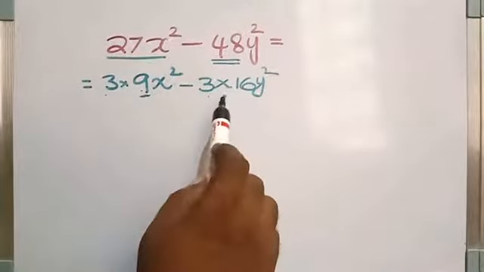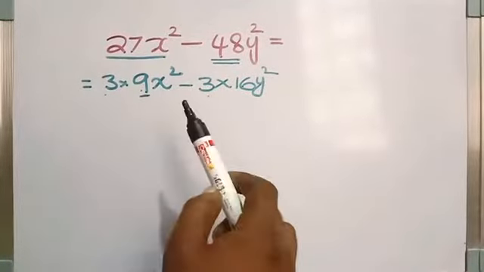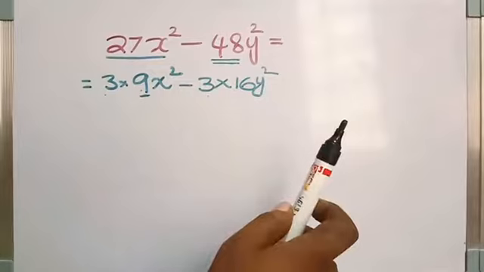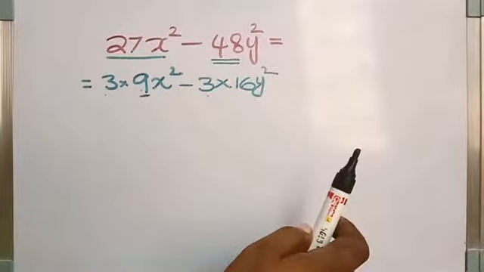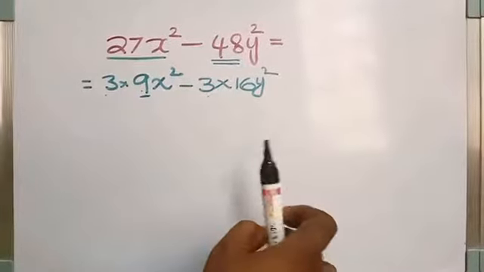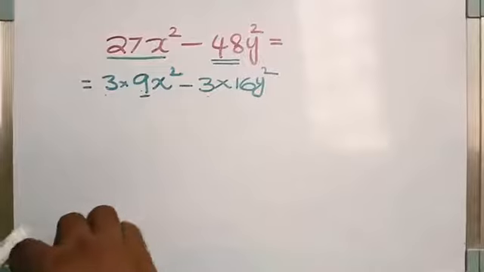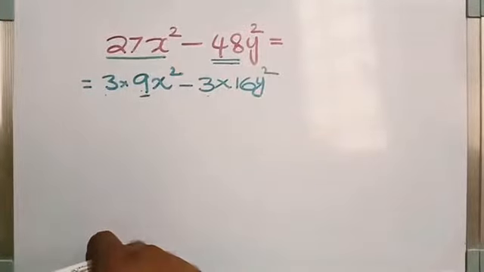Why did we not write 48 as 2 into 24? Because there is no use of taking 2 into 24, because 24 is not a square number. Why didn't we write it as 6 into 8?